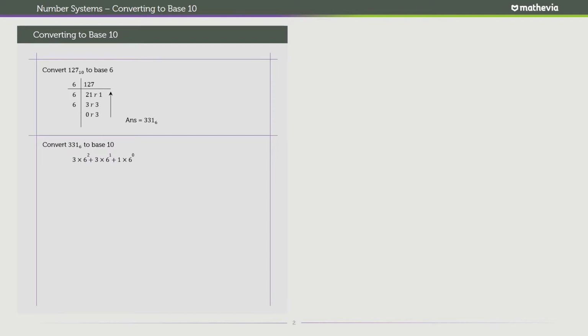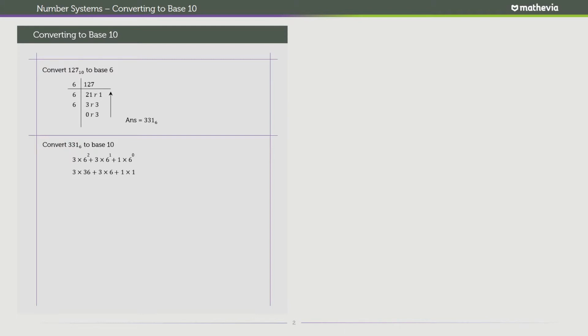Now we have 3 times 6 to the power of 2, and 6 to the power of 2 is 36. So we have 3 times 36, plus 3 times 6, since 6 to the power of 1 is 6, plus 1 times 6 to the power of 0. Anything to the power of 0 is 1, so 6 to the power of 0 becomes 1, and we have 1 times 1.